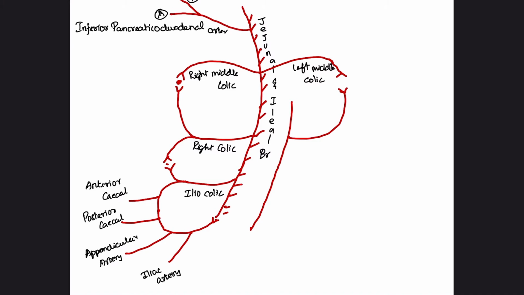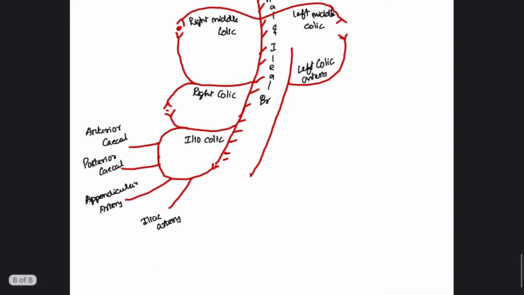Don't confuse: this left middle colic artery arises from the superior mesenteric artery, whereas this left colic artery arises from the inferior mesenteric artery.